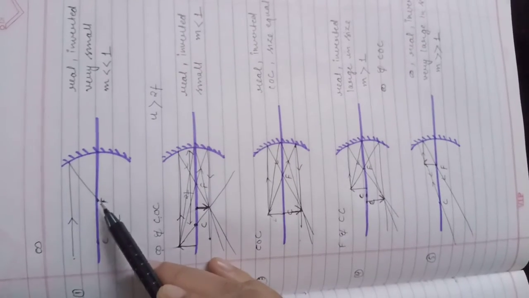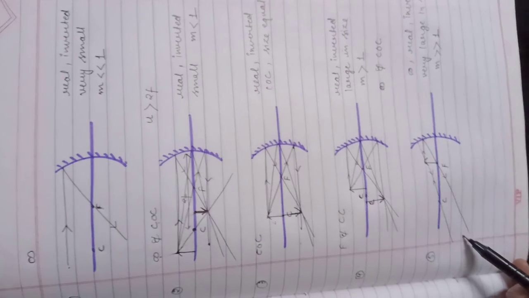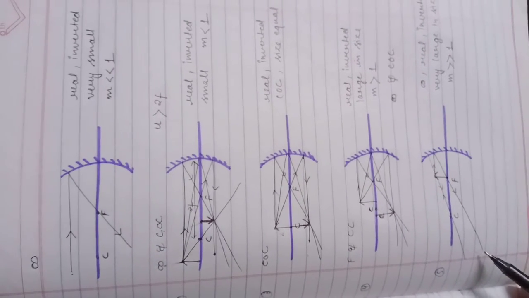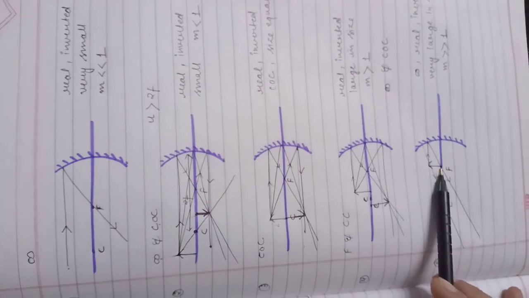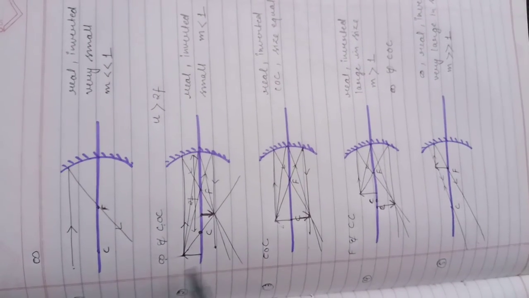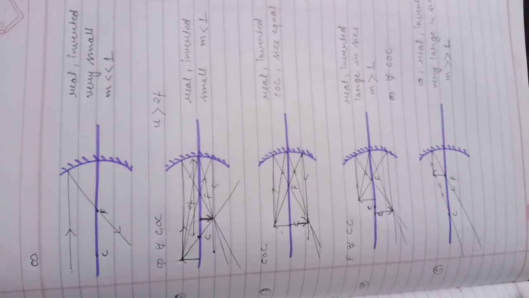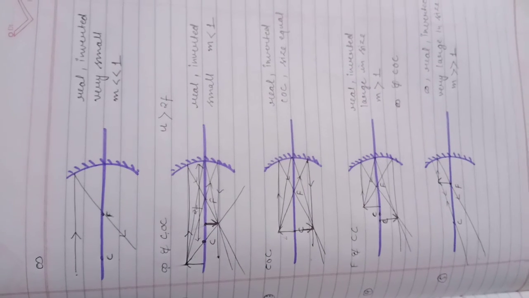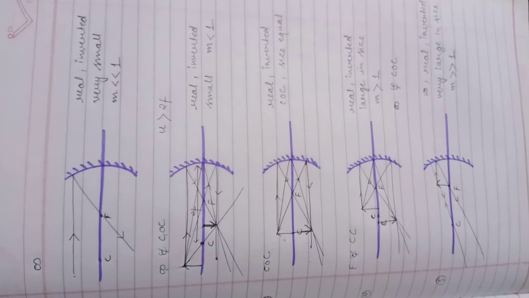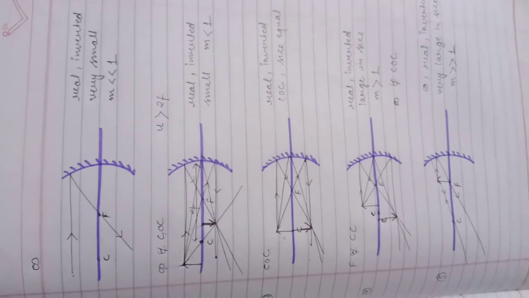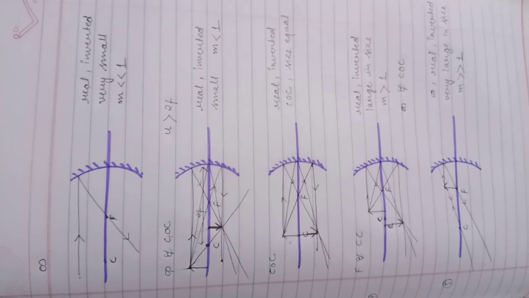Here the image is very small, then it becomes larger. Okay, all images from infinity to focus are real and inverted, while the image between focus and pole is virtual and erect, and this is the only one. These are all the 6 conditions of image formation by a concave mirror.